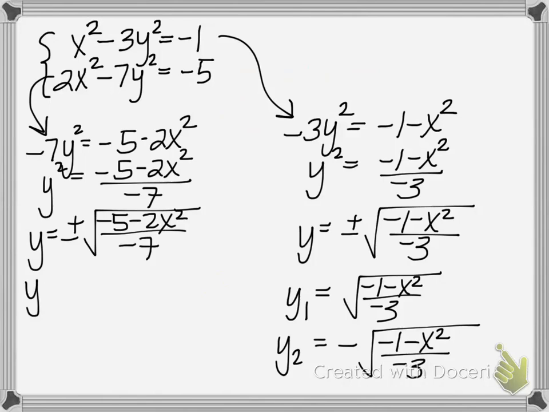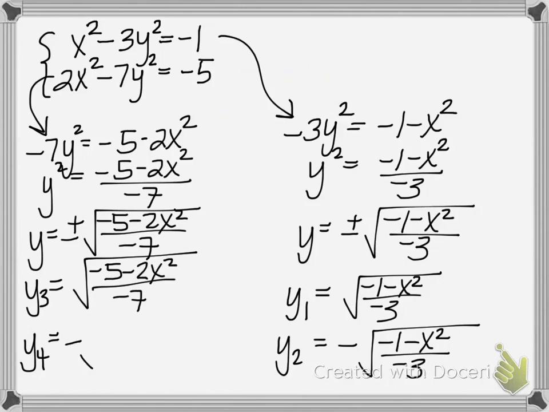We will now utilize my y3 and y4 on my graphing calculator to enter this hyperbola. So the positive goes in my y sub 3, and then the negative square root can go in the y sub 4.